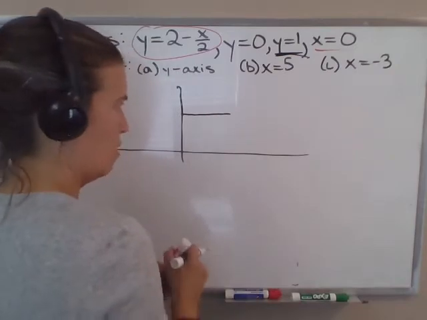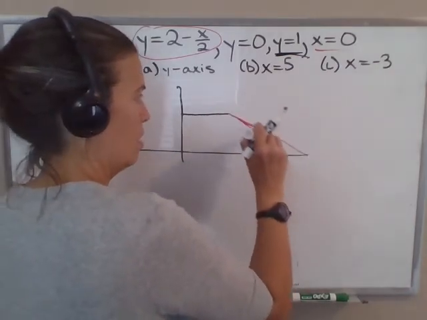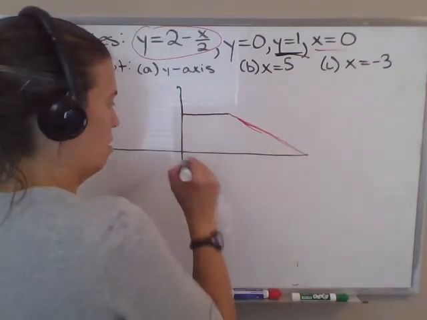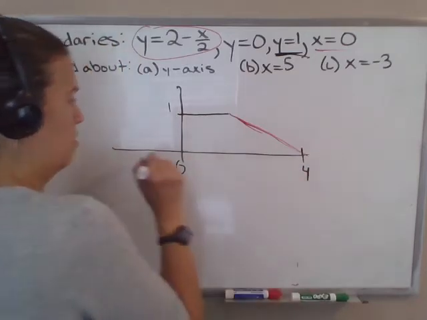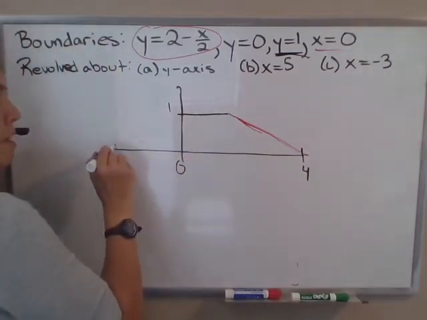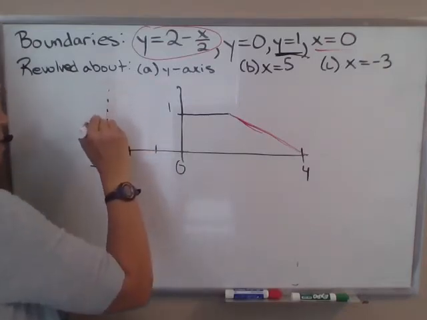I'm redrawing this region one more time. Now we're revolving it about the line x equals -3, which let's say is back here.